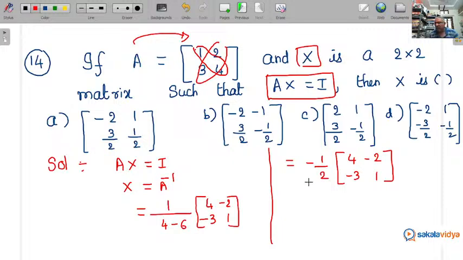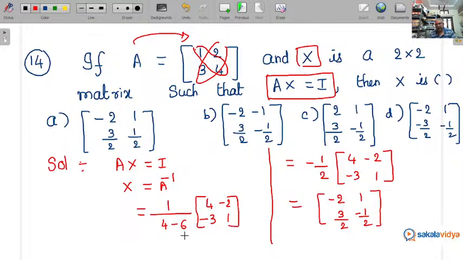Each element is multiplied with the scalar -1/2. So, -1/2 into 4 is -2. -1/2 into -2, minus minus cancel, you get 1. -1/2 into -3 is 3/2. -1/2 into 1 is -1/2. So, [[-2, 1], [3/2, -1/2]], right.